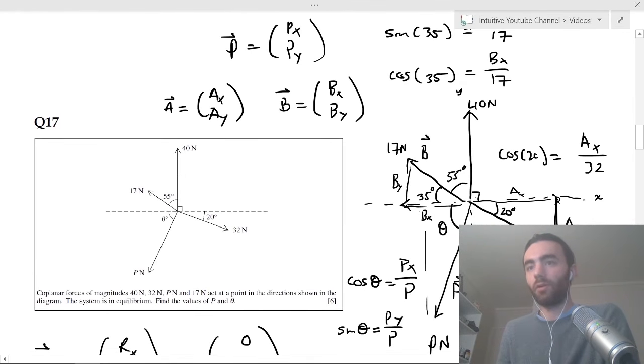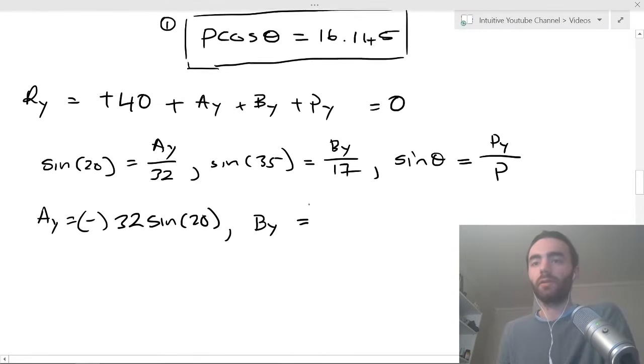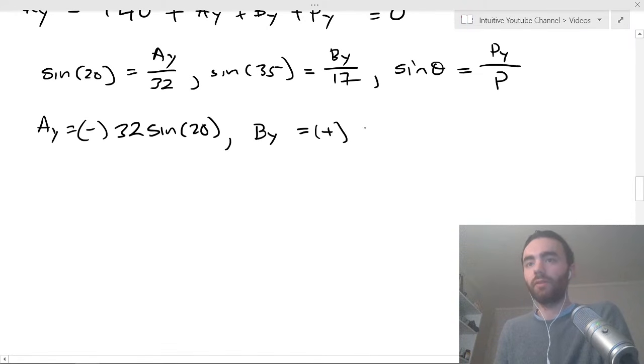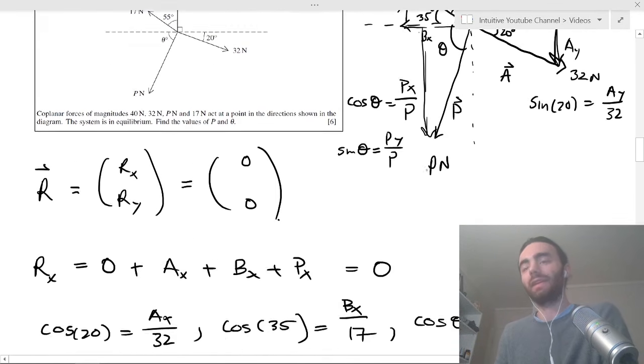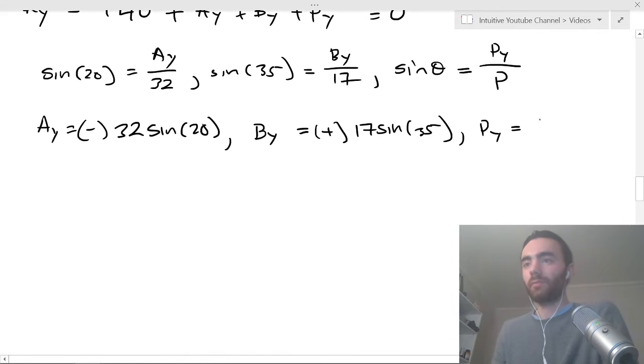This is acting in the positive Y direction, so this is positive 17 sine 35. And then finally you have your PY, this Y component of P, that's acting in the negative direction. So you've got negative P sine theta.